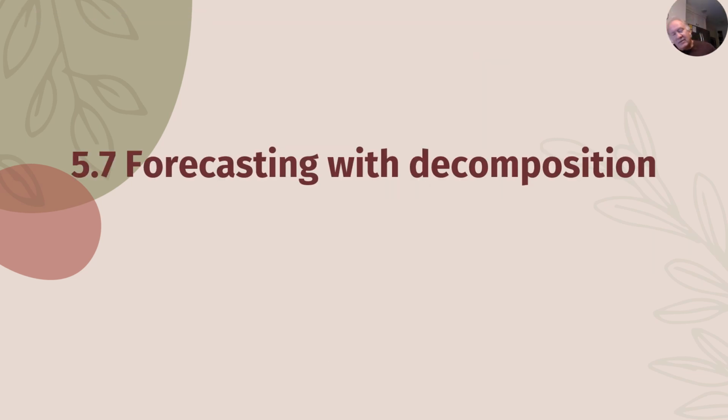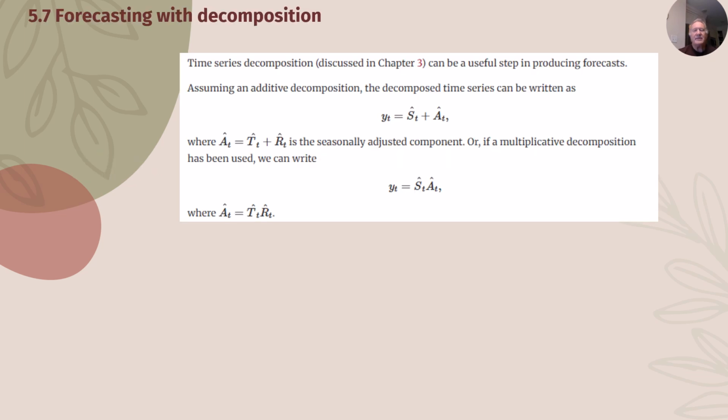Let's talk about forecasting with decomposition. In this case, we have a time series decomposition, which we talked about in chapter 3, that can be a useful step in producing the forecast. Assuming an additive decomposition, the decomposed time series can be written as y_t equals S_t plus A_t, where A_t is the trend plus the residual.